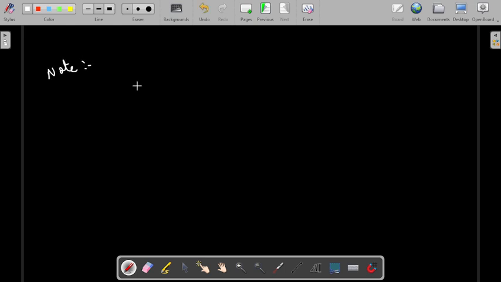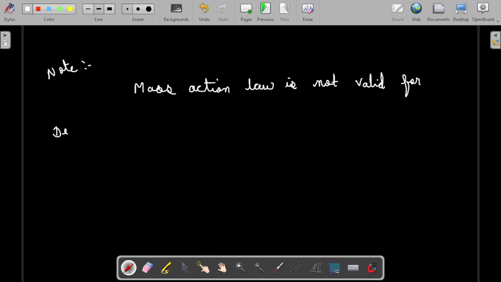For now, note that the mass action law is not valid for a degenerated semiconductor. Degenerated semiconductor means the doping atoms are more than the normal intrinsic carrier concentration. So it's not valid for the degenerated semiconductor, valid only for non-degenerated semiconductors.